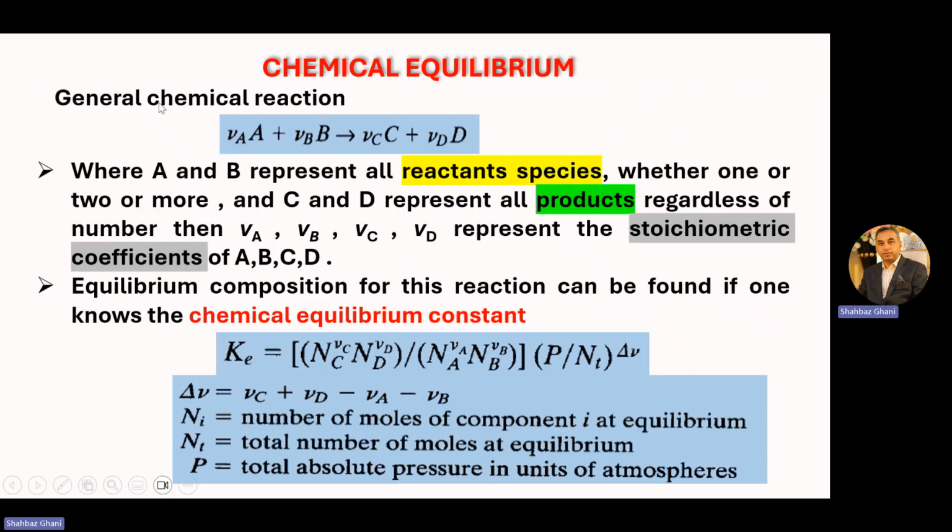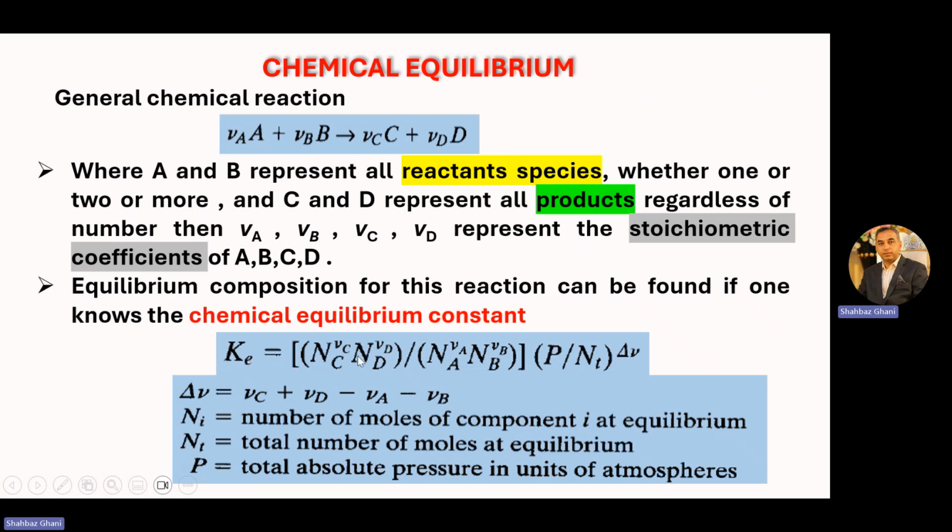Now, chemical equilibrium. In the general chemical equation, we have reactants vA times A and vB times B, and the products are vC times C plus vD times D, where A and B represent all the reactant species, whether one, two, or more, and C and D represent all products regardless of the number. vA, vB, vC, vD represent the stoichiometric coefficients of A, B, C, D. The equilibrium composition for this reaction can be found if one knows the chemical equilibrium constant, Ke.